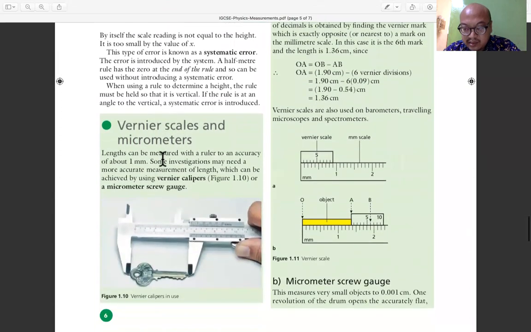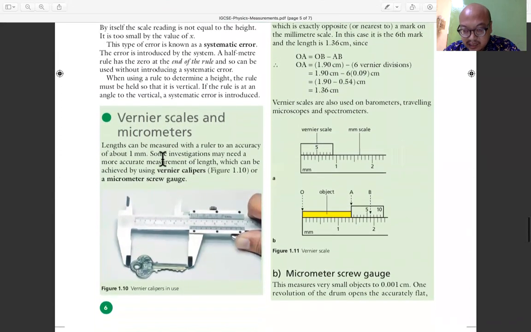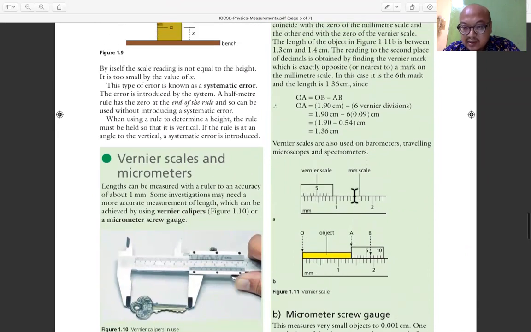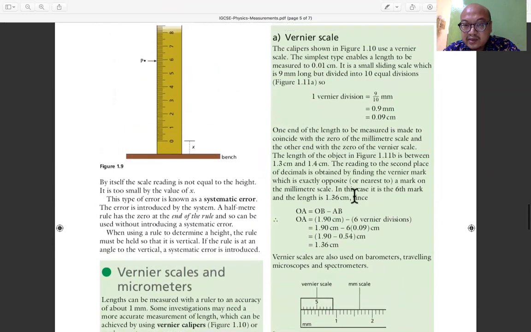Let's try this, let's practice. Oh no, this is still about the scale when zero and this object.